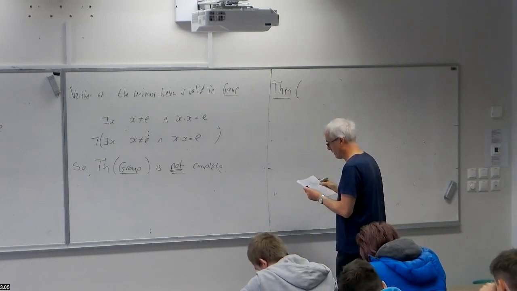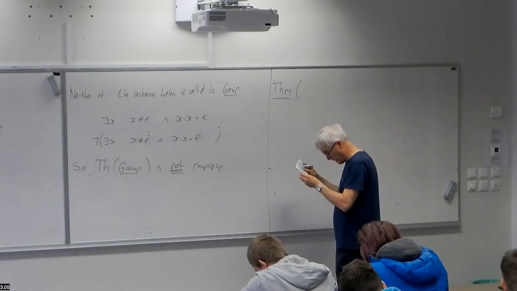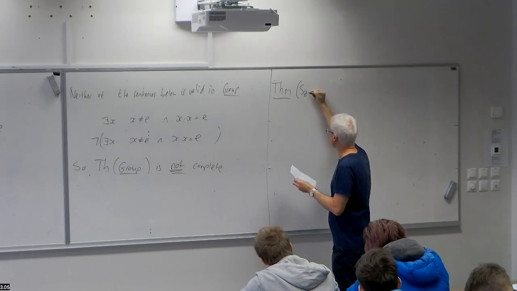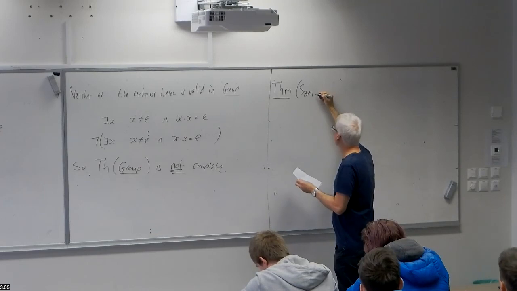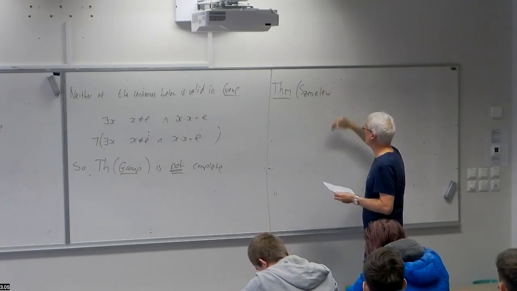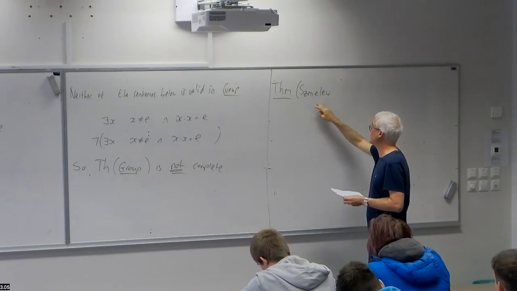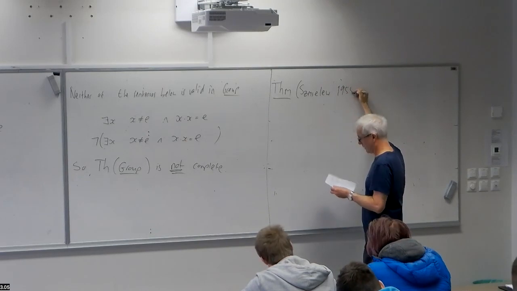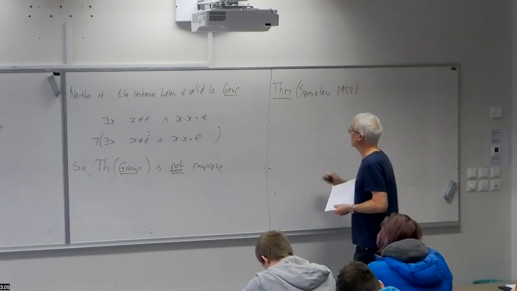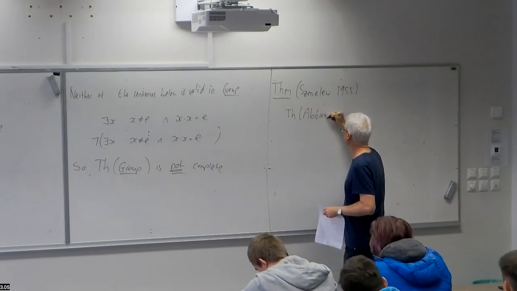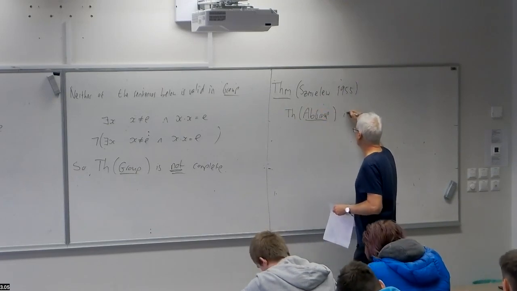This is from 1955, by somebody whose name I have no idea how to pronounce, but one writes it in the English alphabet as Szmielew. The theory of the collection of abelian groups is decidable.